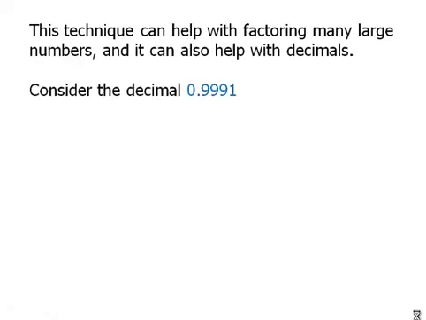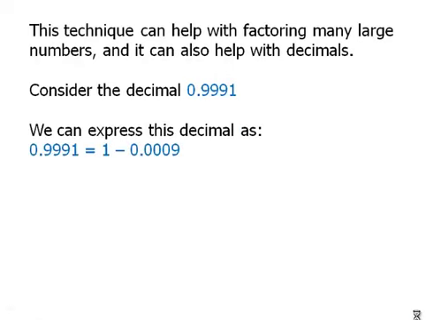Decimals. Let's think about this. Consider this decimal. Suppose for some reason we needed to find two numbers that we could multiply together to get that decimal. Well, doesn't sound like a very fun thing to do, but notice 0.9991 is 1 minus 0.0009.